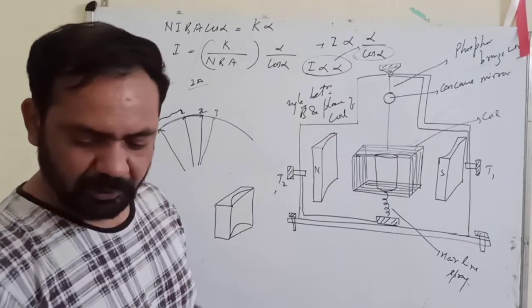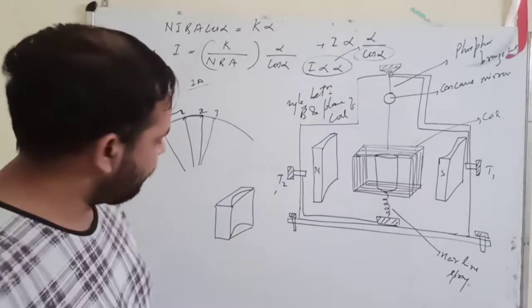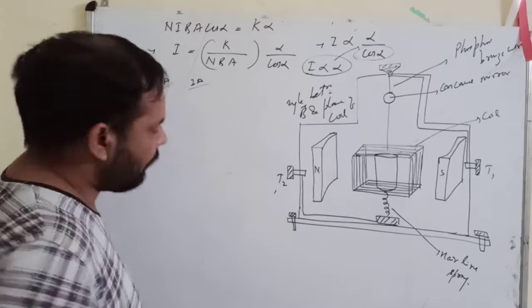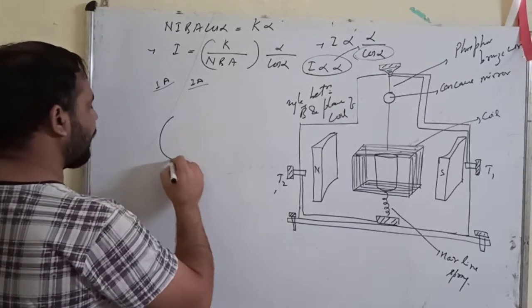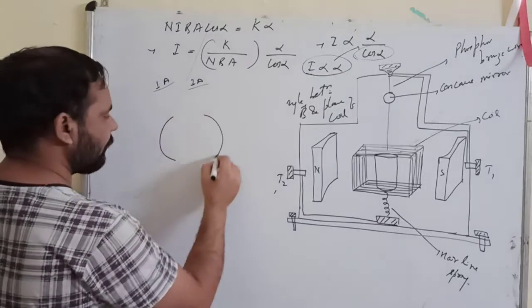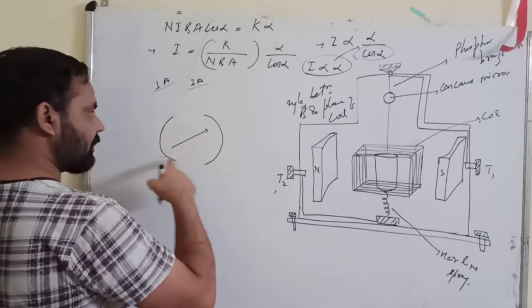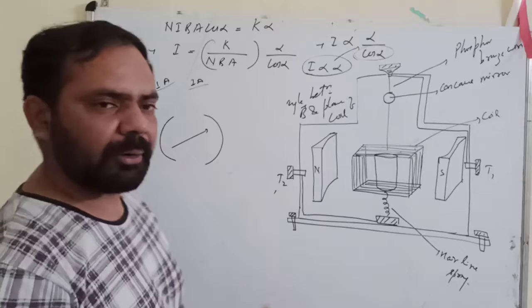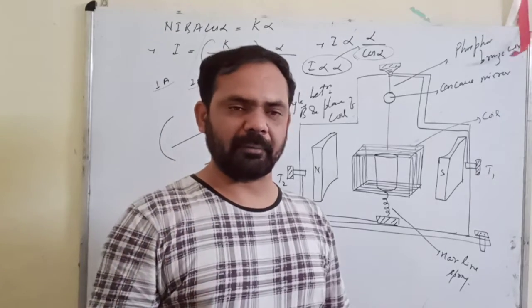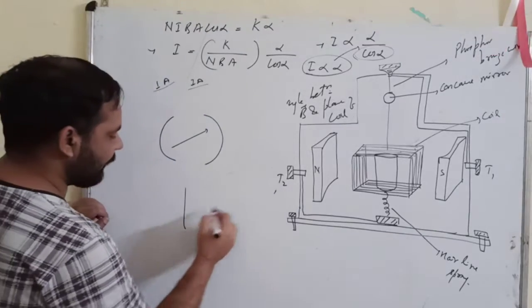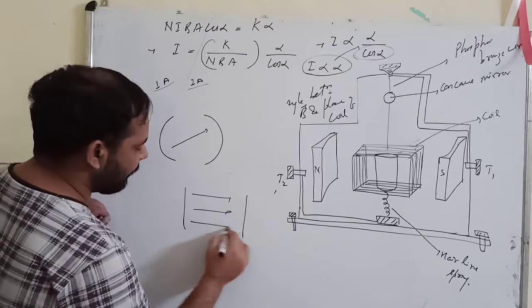Why is this used? Because, just a minute. We have this type of magnet here, right? So now the coil is here. Now this type of magnet is used in order to create a radial magnetic field instead of a linear magnetic field. If you have magnets like this, then the magnetic field will be like this.